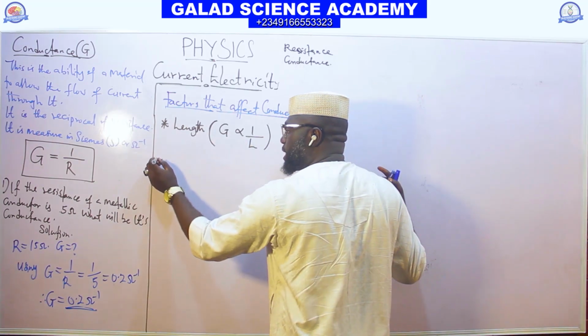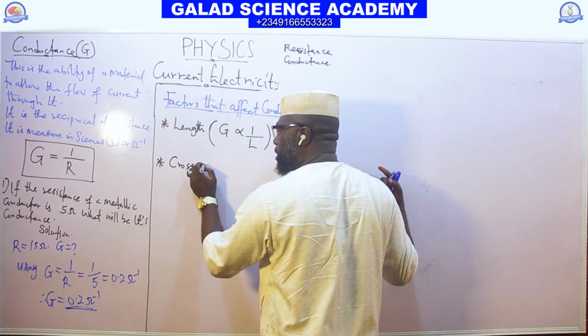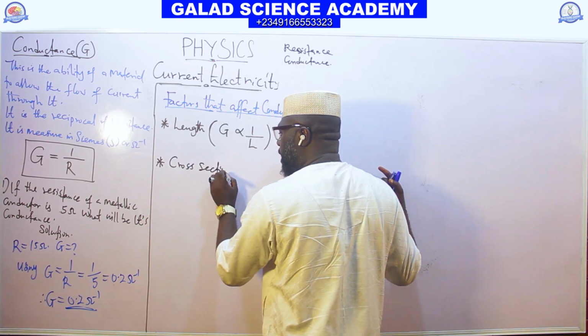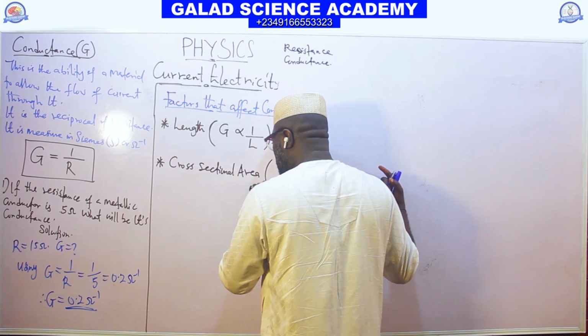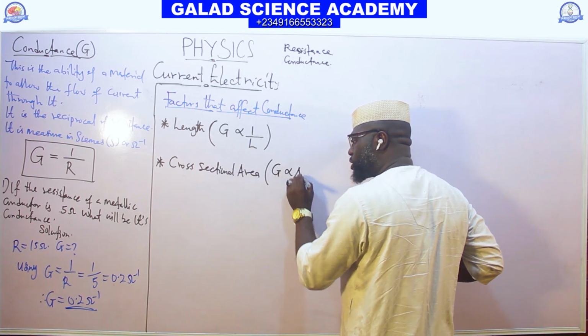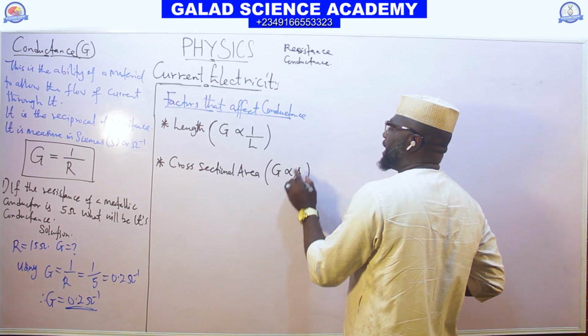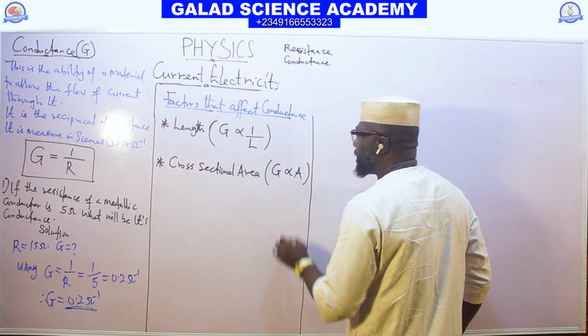And the next one we have is cross-sectional area. Conductance is proportional to area. So when the area increases, the conductance also increases.